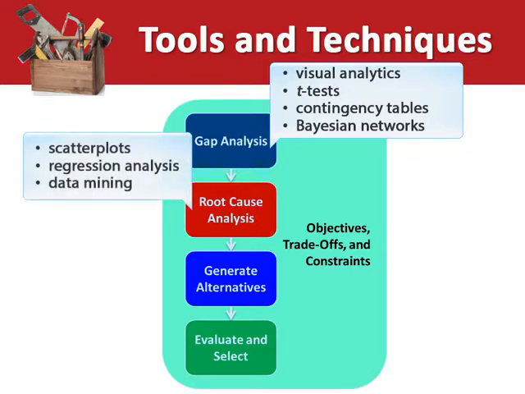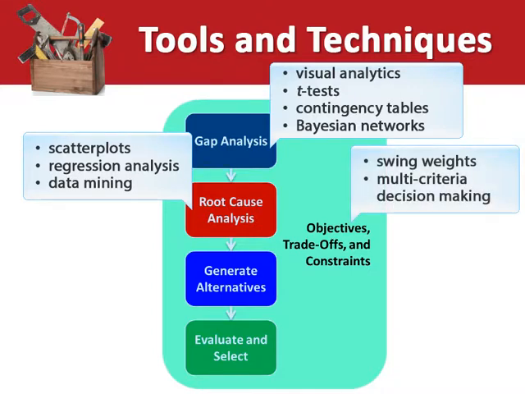Same with root cause analysis. At the very simplest level, we can use visual techniques, but then quickly move on to standard techniques like linear regression analysis and various types of data mining. When we get to the objectives and trade-offs part of the course, we're going to look at simple techniques such as swing weights and multi-criteria decision making.